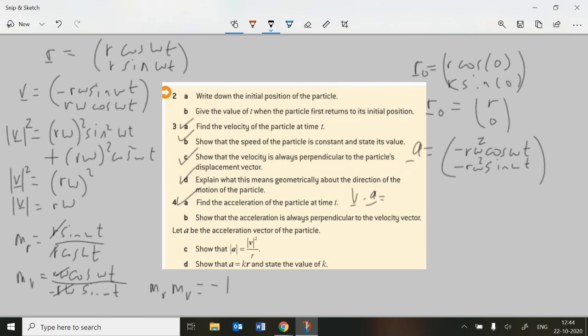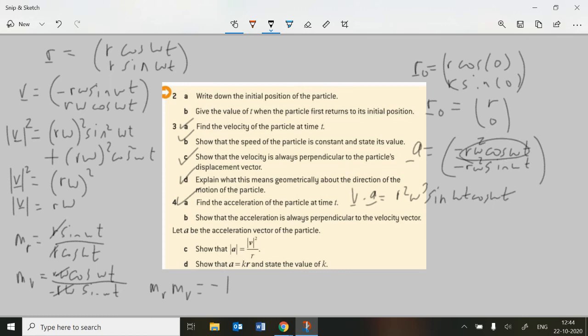Okay, so v dotted with the vector of a gives us these two things at the top multiplied together. So we're now getting r squared ω cubed, and then sine squared ωt, and then sine ωt, and then cos ωt.